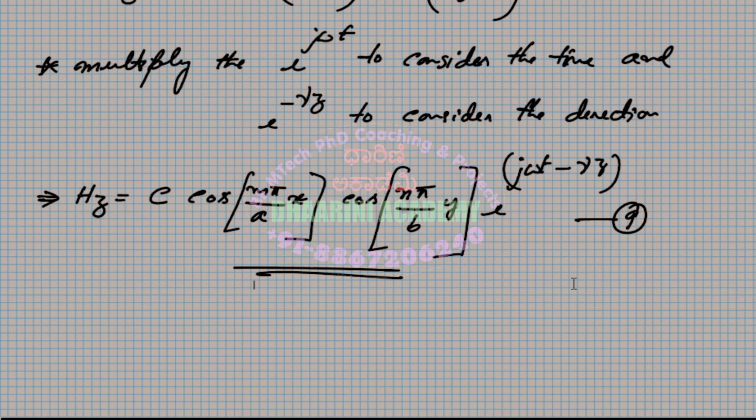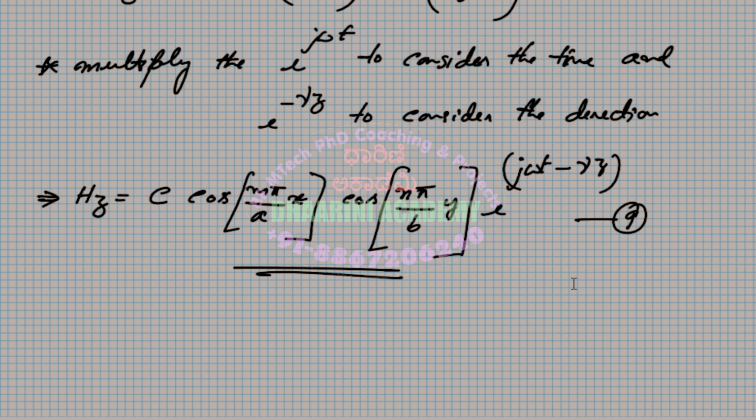So this Hz exists. The wave is propagating in the z direction and Hz also exists over there. Because of that, we are saying that this is a transverse electric wave, not magnetic, because the magnetic component exists. Electric component is not there. Ez is equal to 0, so this is a TE wave.